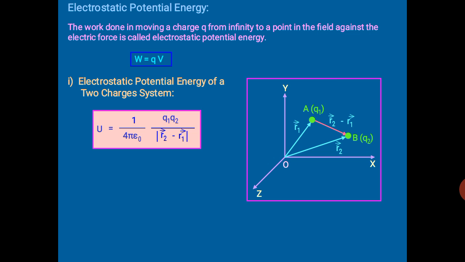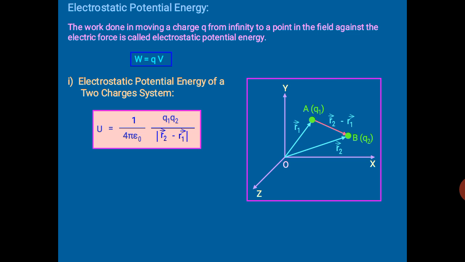How we get this expression: simply remember, you take one charge Q1 and you take one point B. So at B we are getting the potential now. How much potential? The potential at B due to charge Q1 is 1 upon 4 pi epsilon naught, Q1 divided by AB.